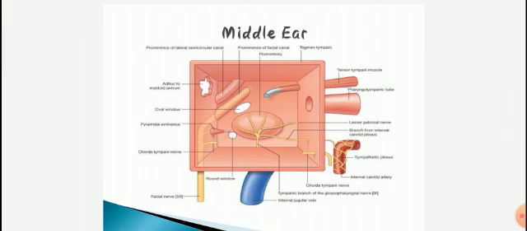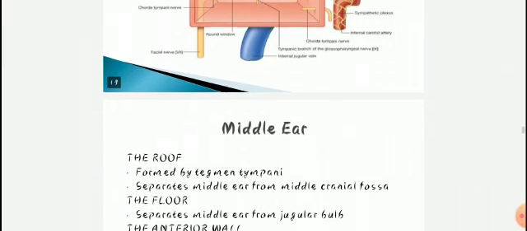This figure clearly indicates schematic diagram of a 6-sided cube-like structure of middle ear, and it is helpful in knowing anatomy and relation of structures of middle ear cleft.